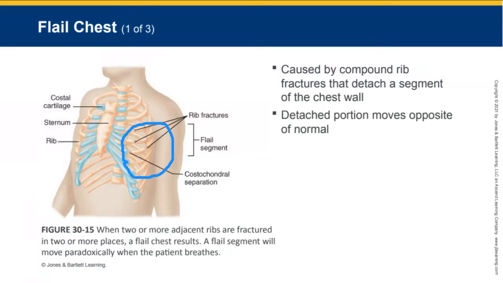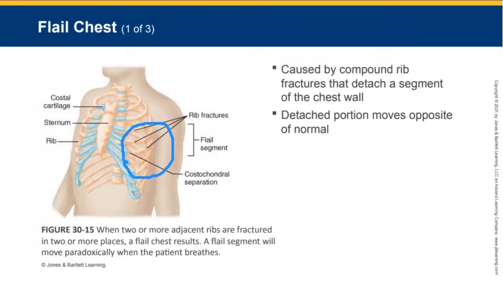For the detached segment, when the rib cage moves out, the detached segment will be pulled in. So when the patient breathes in, it pulls in the detached segment. When the patient breathes out, it pushes it out. That's the opposite of normal. And the reason for that is simple.